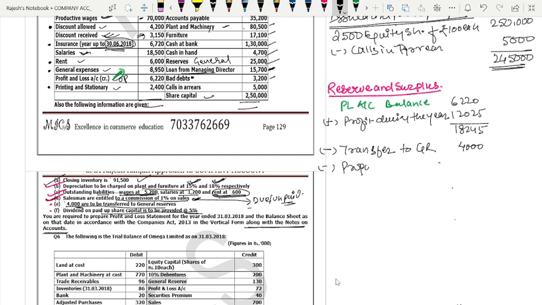Proposed dividend is 2,45,000 paid up share capital multiplied by 5%, 12,250. 18,245 minus 4,000 minus 12,250 becomes 1,995.